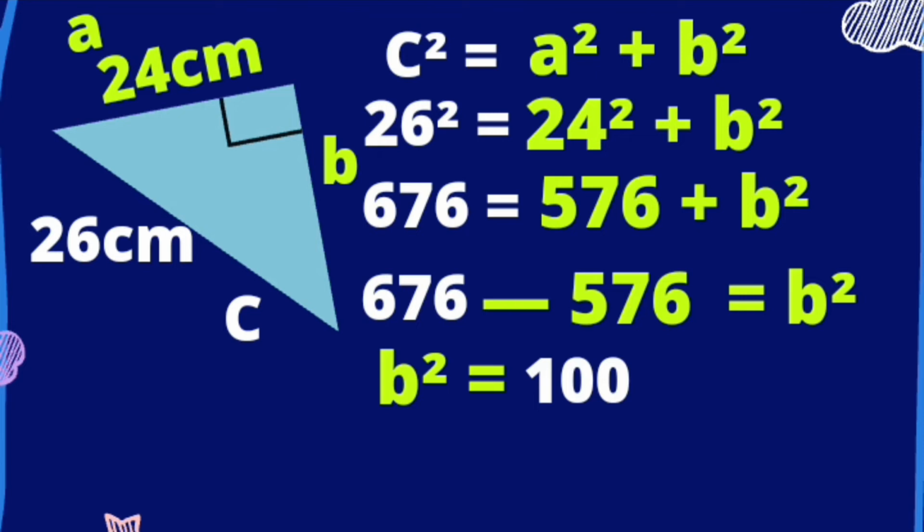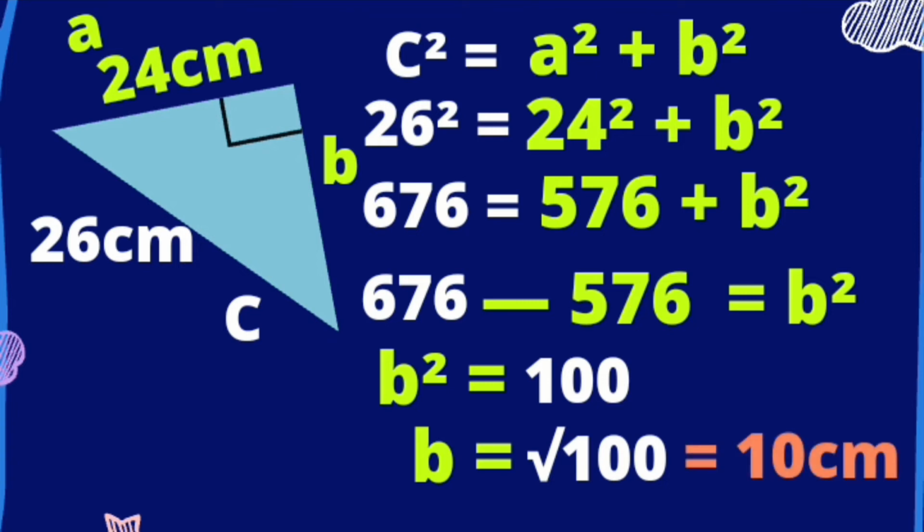To get B, remember, we'll take the square root of both sides. When we do that, we'll have B equal to the square root of 100. The square root of 100 is equal to 10. Hence, B, which is the other leg of the given triangle, is 10 cm.